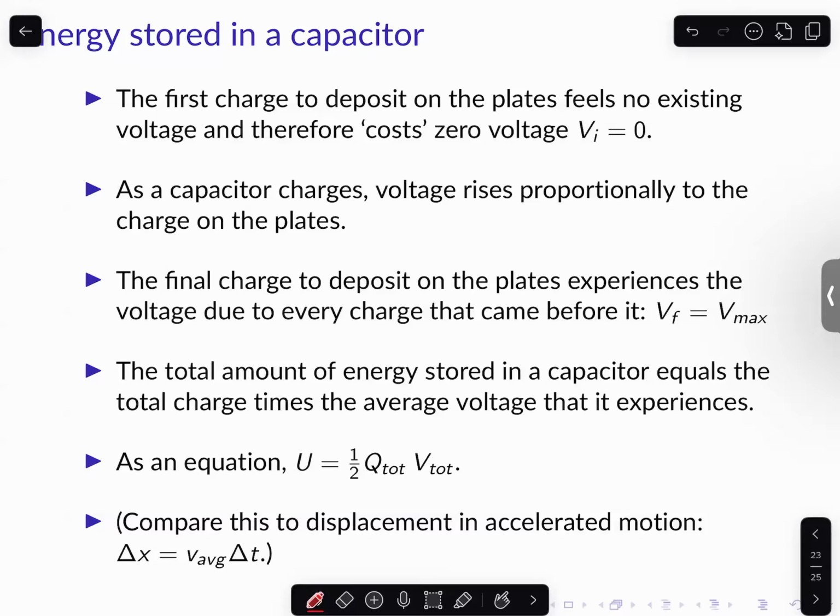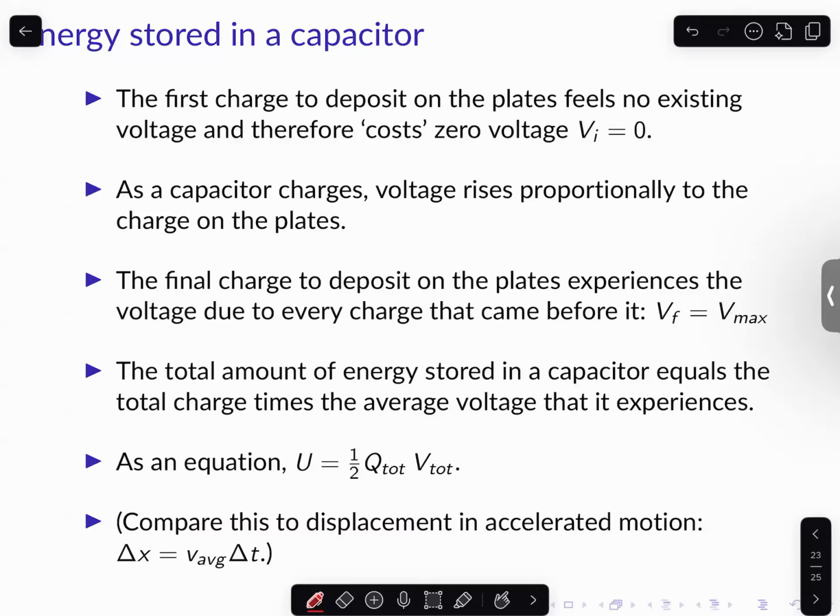If I look at the average voltage times the total charge, I get a factor of 1/2. If I were starting from halfway charge, this would actually be the average voltage times the total charge, but I'm always going to talk about the capacitor relative to uncharged. So I'm always going to use initial voltage as 0 in this equation.